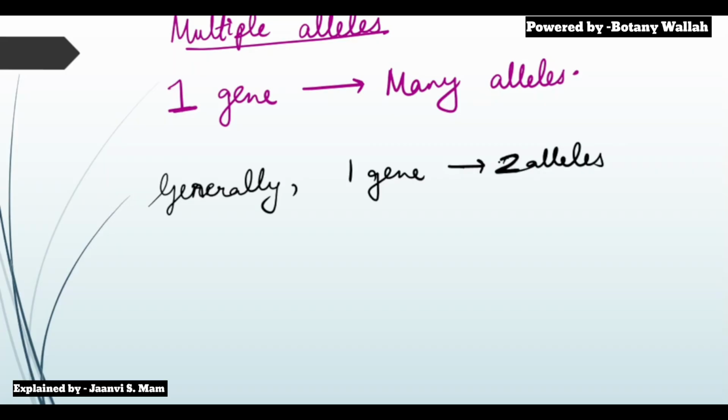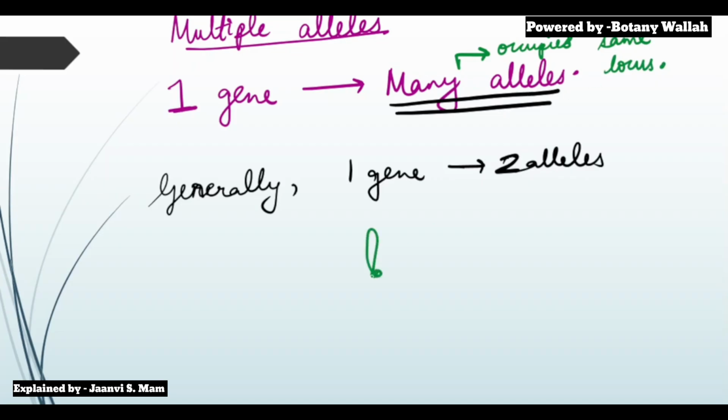So we say this condition is multiple allelism. And we know that all the alleles occupy the same locus on the chromosome.